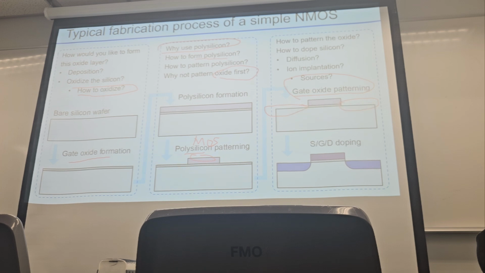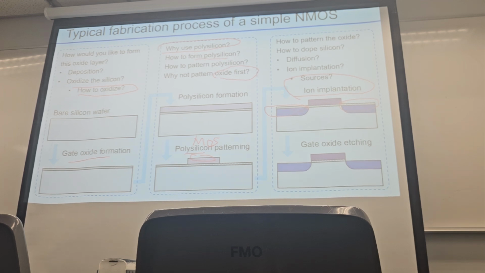So here, you also need to understand the difference between diffusion and ion implantation. For the diffusion, you need to remove the silicon dioxide layer. But for the ion implantation, you can see that we can keep the silicon dioxide thin film due to the large energy from the implanter.